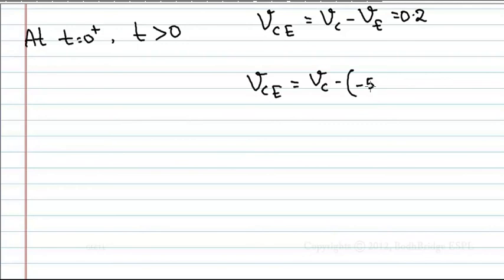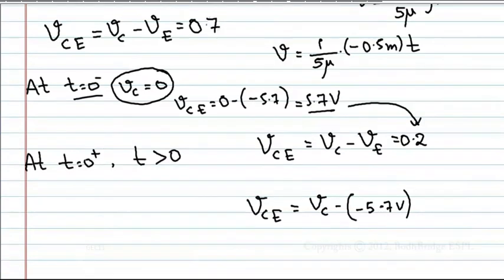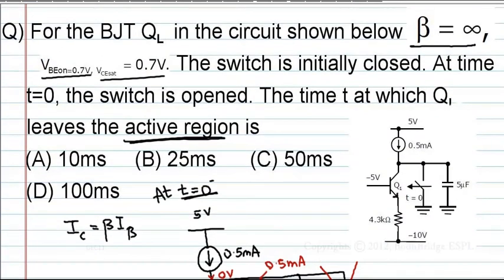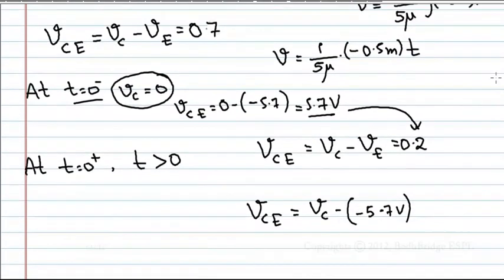Here he has given VCE saturation is also 0.7 volt. See here, VCE saturation is also 0.7 volt. Therefore VCE is equal to 0.7.